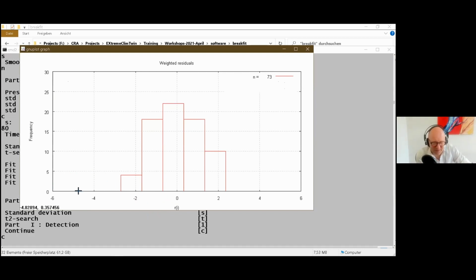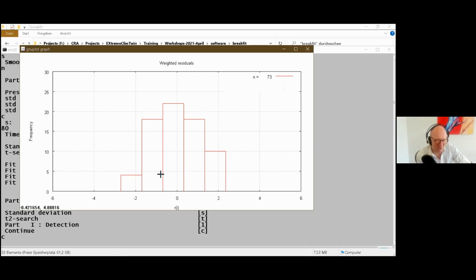For the histogram, I take again Scott's 1979 rule. This is the minimum of the residuals, this is the maximum, then I take the sample standard deviation, and then this Scott equation. This gives me 5 bins.